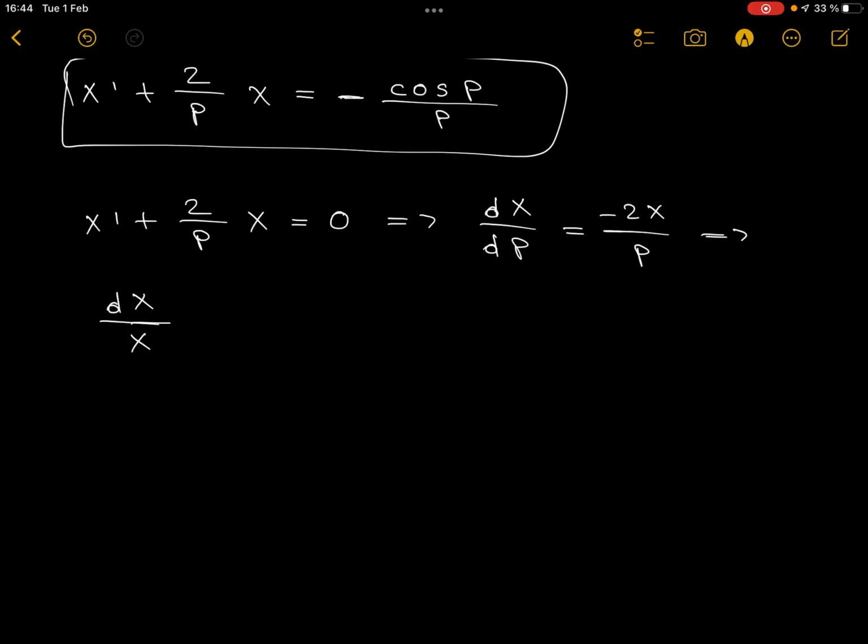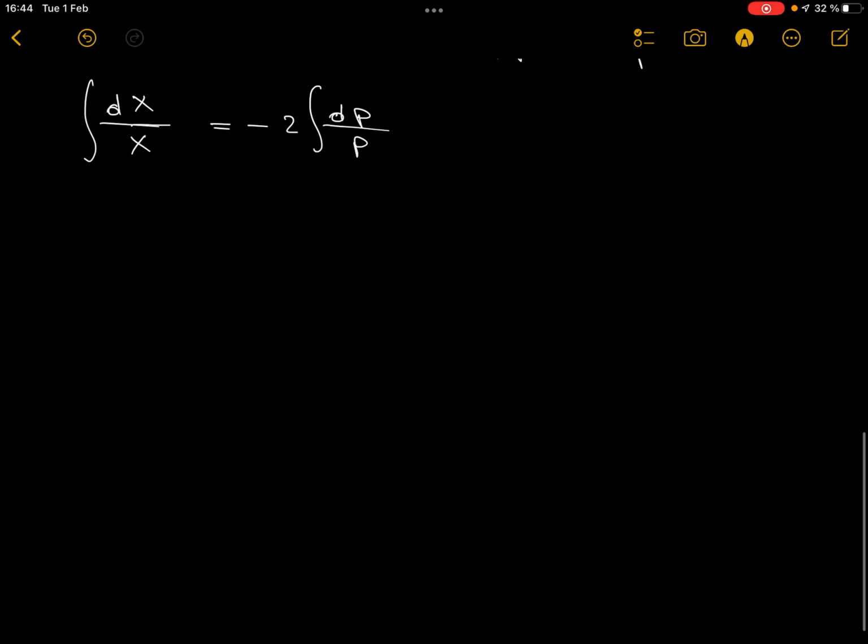or in other words, dx over x is equal to minus 2 times dp over p. And now we can just go ahead and integrate both sides.